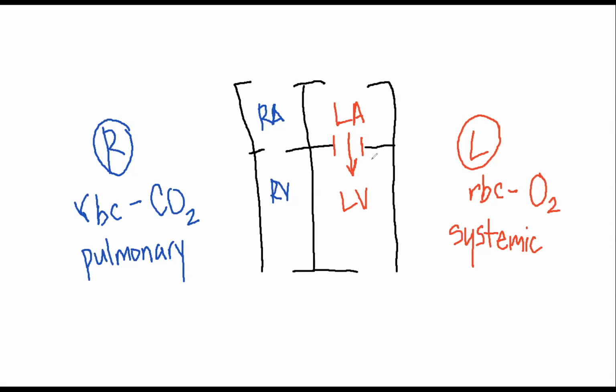So this AV valve or atrioventricular valve has two doors. Therefore, we call it bicuspid. Now, bi, two, and since it's got two doors, it also has two names. It's also called your mitral valve.